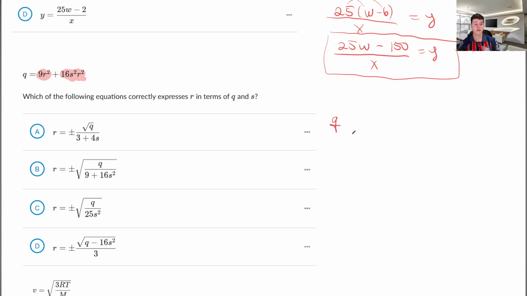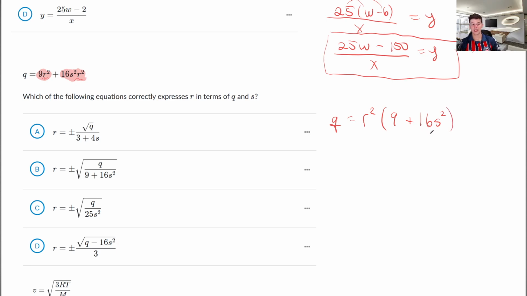We got to factor out the r squared from both terms because both of them have an r squared. So r squared times, since I factored out the r squared from the 9r squared, what remains is the 9, plus, since I factored out the r squared from 16s squared r squared, what's left is 16s squared.